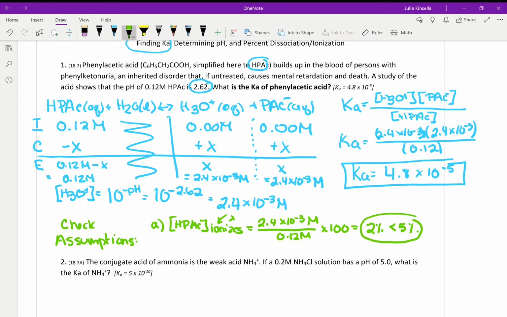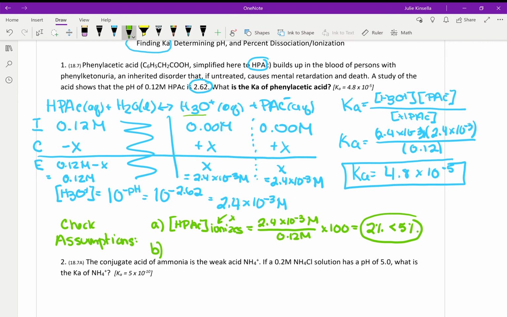Now we are going to work through showing this other assumption that's involved, and that's the idea I mentioned to you about this H3O plus. We know that the water that's present is autoionizing in solution. We need to show that that amount is less than 5% of the hydronium that was from the weak acid.